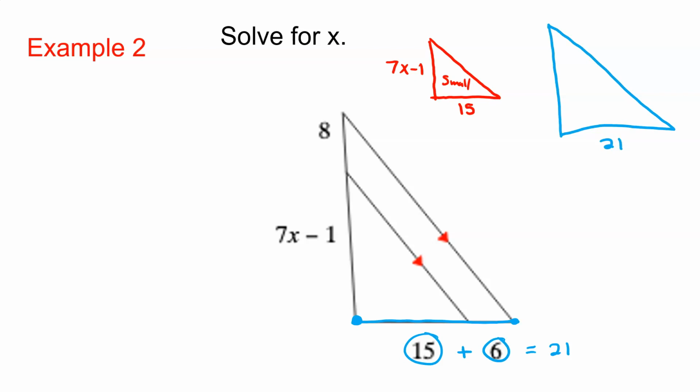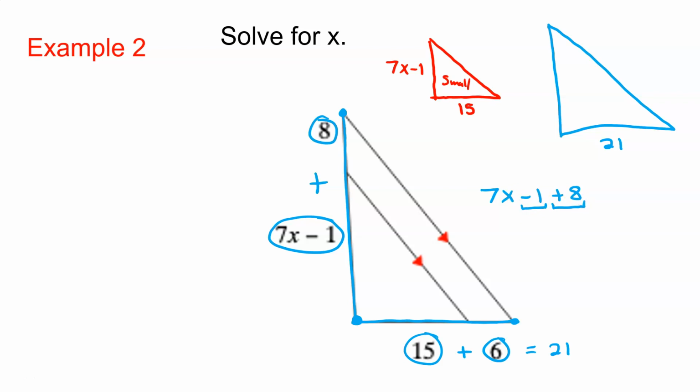Okay, we're going to do the same thing with the left side of this triangle. So again, from top over here all the way to the bottom, it's not just 8, it's not just 7x minus 1. We're going to go through and add those together. So what does it look like when you add those two things together? Well, let me maybe write them side by side. Let me take 7x minus 1, right? And let me add the 8 next to that. Well, all I can really do is combine those constants.